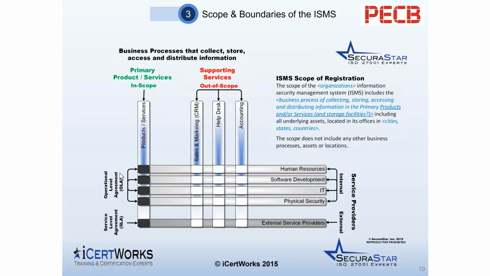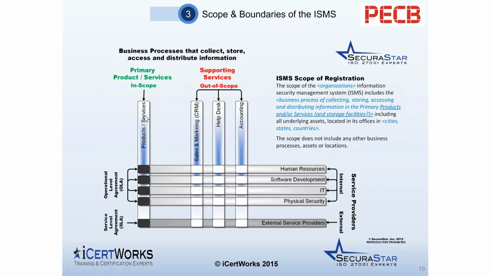So in this case, these OLAs become very important because we're going to tell IT, hey IT, this is what you do for this product and service, and when you touch this product and service, you must follow these requirements within this OLA. In essence, we're treating IT as an external service provider, right? They're internal, but we're treating them like an external service provider, and we're clearly letting them know within an internal contract that this is what they're responsible for when they touch this ISO 27001 scope.